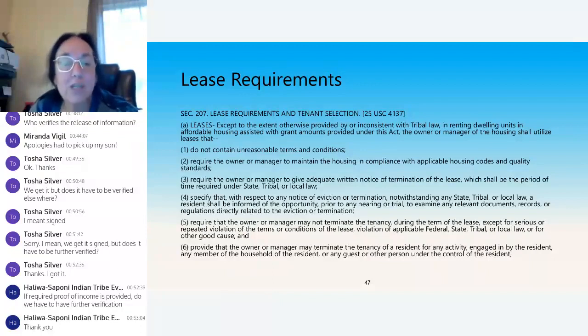Require that the owner or manager may not terminate the tenancy during the term of the lease except for serious or repeated violations of the terms or conditions of the lease, violation of applicable federal, state, tribal, or local law, and or for other good cause, and provide that the owner or manager may terminate the tenancy of a resident for any activity engaged in by the resident, any member of the household of the resident, any guest. You have to tell them when you're doing their move-in requirements that they are responsible for the conduct of their guests. Their guests can get them evicted, okay? Or other person under control of the resident.